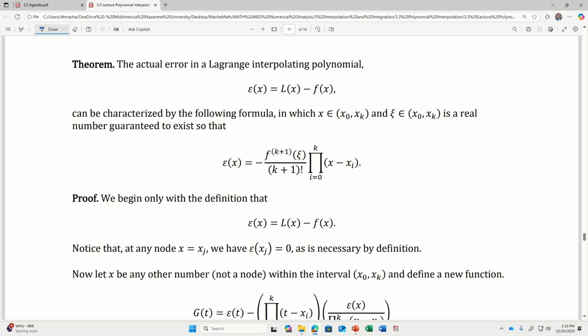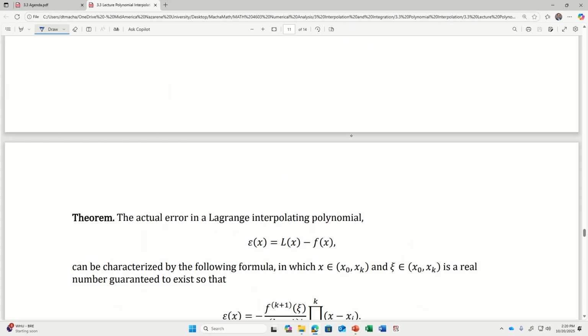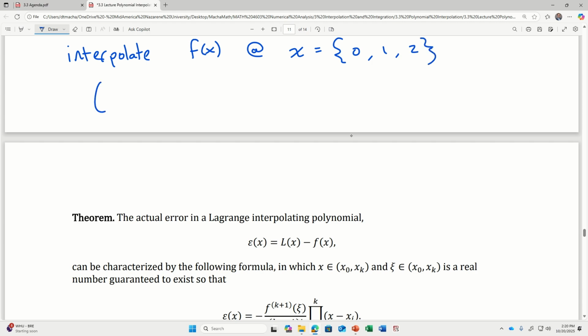I haven't really mentioned this before, but we've talked about interpolating points. But if I try to interpolate a function at a set of points, then we're talking about interpolating the function at these points.